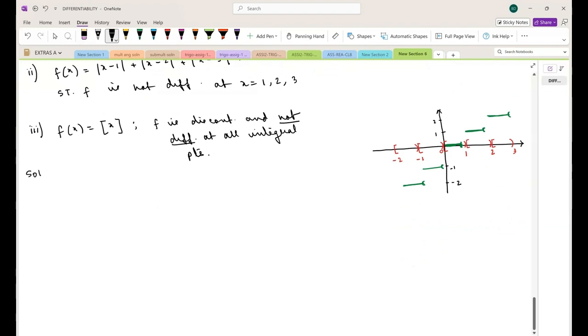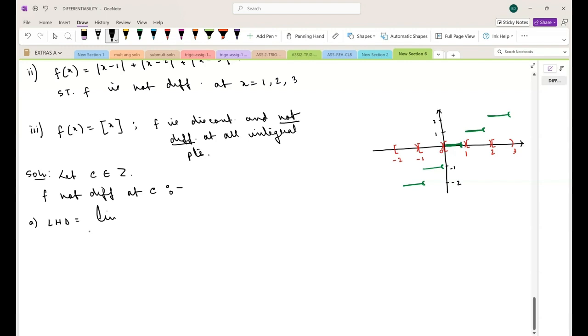So let C be any integer. So what do we want to show? We want to show that f is not differentiable at C. This is what we want to show. That means your C can be 1 or 2 or 3 or minus 1 or minus 2, anything. Now, left hand derivative.